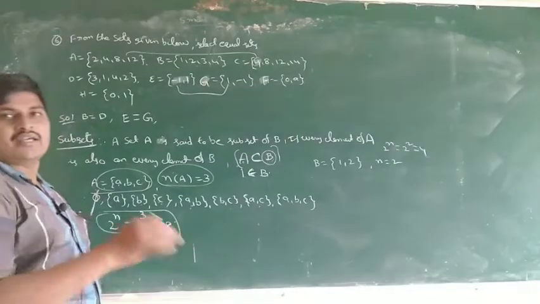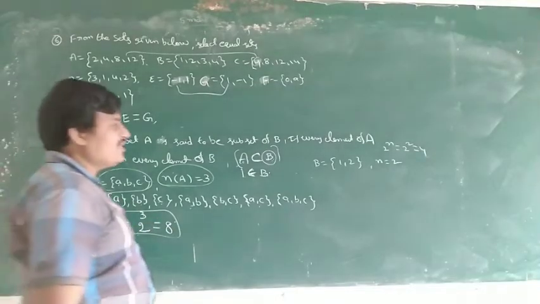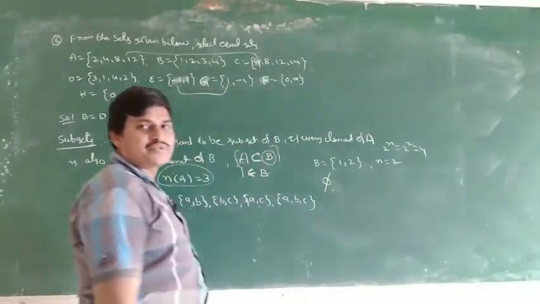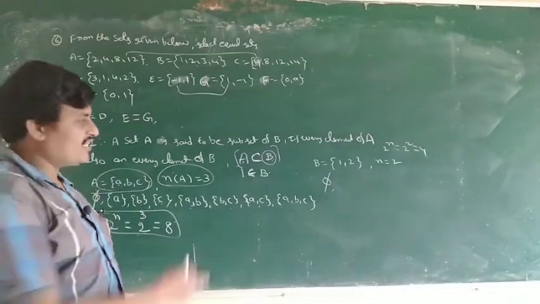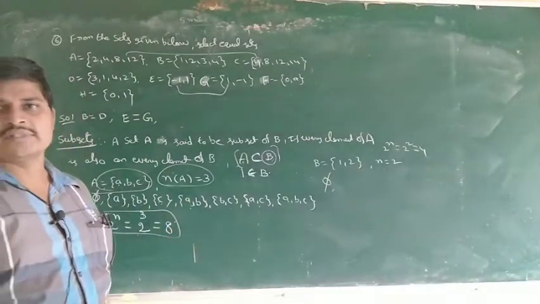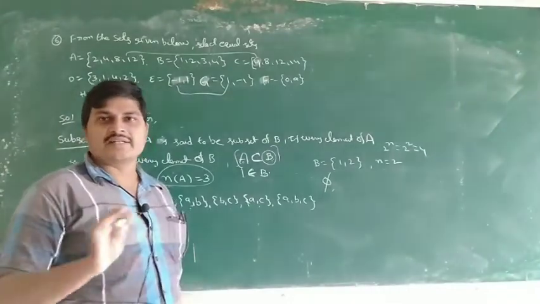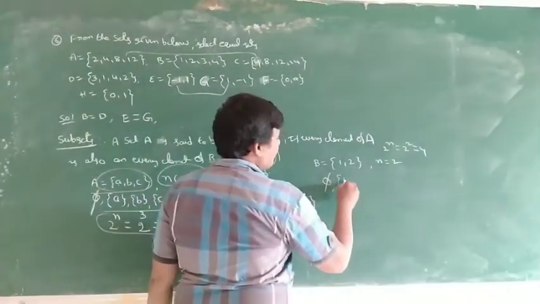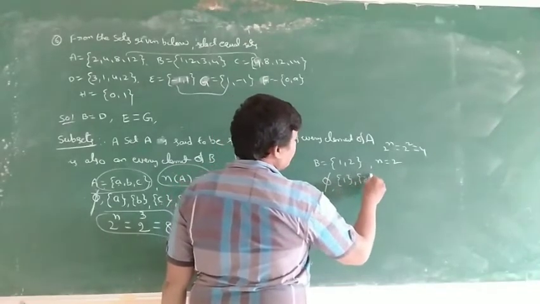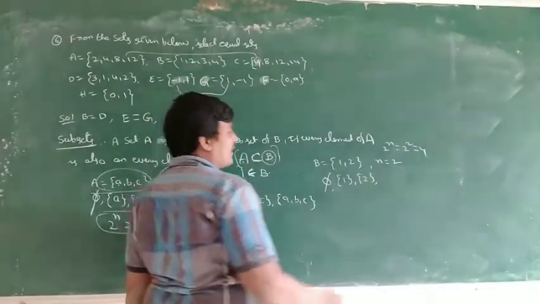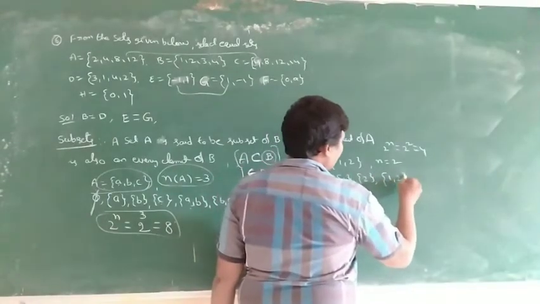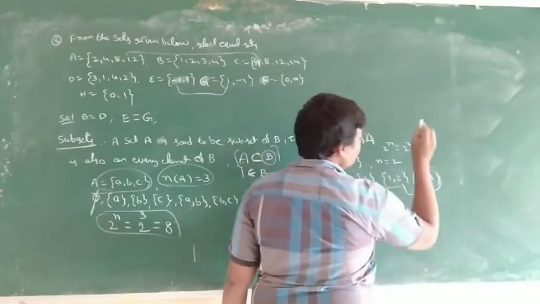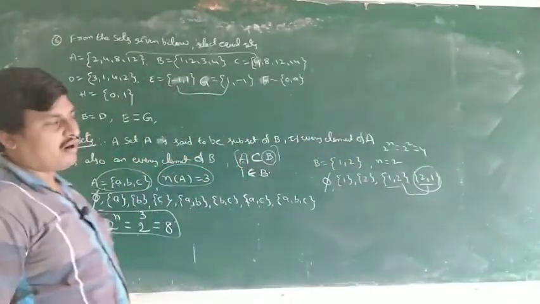Next, what are they? The subsets are first phi. Phi is the subset of any set, fixed. Phi is also one of the sets, the null set, the empty set. First single elements, first 1, next 2, then double elements, 1 comma 2, not 2 comma 1. 1 comma 2 and 2 comma 1 both are same, the elements are same, only the order is different.